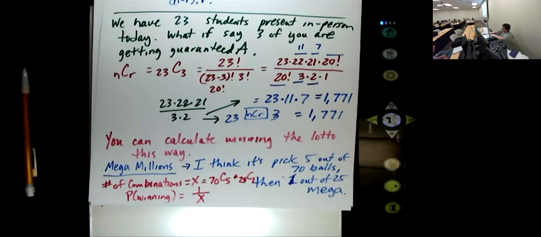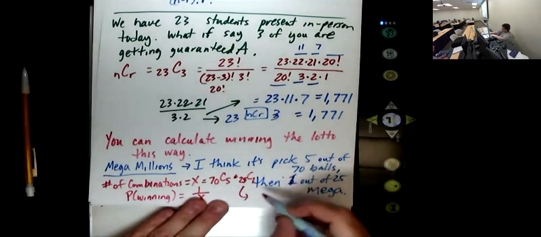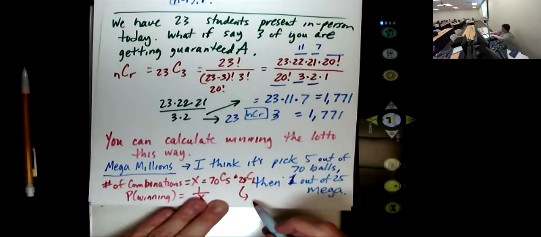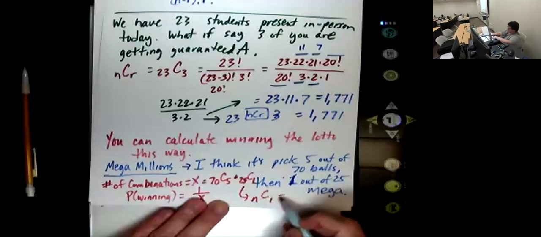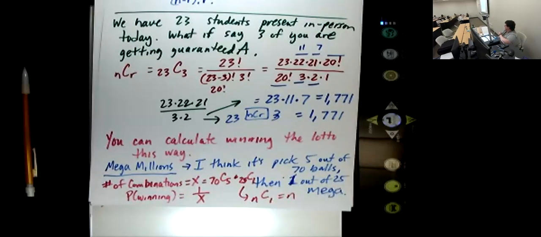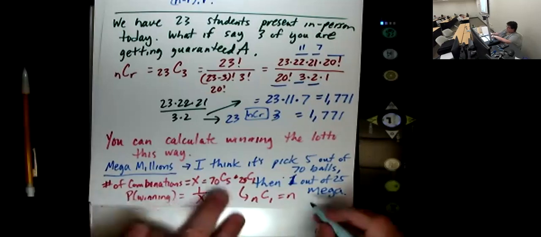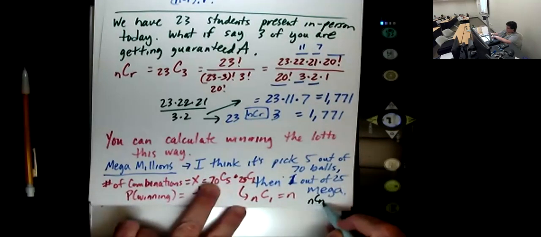You will find, just as a quick note, N choose 1 for anything is just N. There's a shorthand notation for that. And you'll also find, as you're going to see in a second, N choose N is just 1.